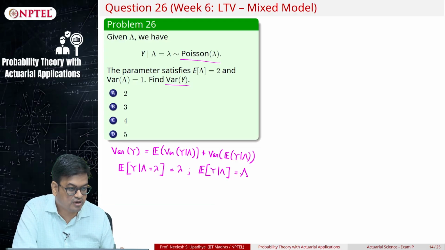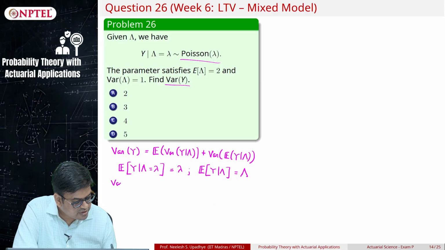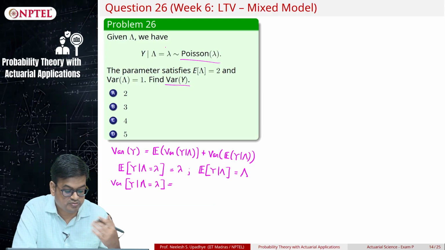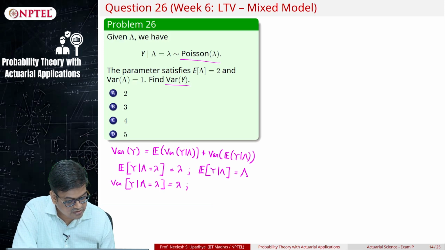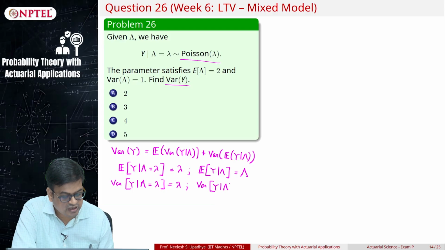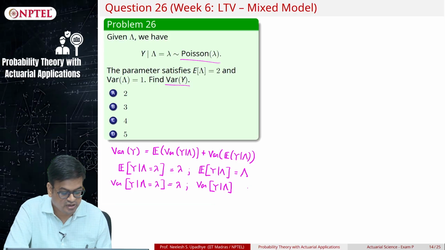Similarly, we will talk about the variance of Y given capital Lambda equal to small lambda. Again it is a Poisson, where mean and variance are the same. So this is again equal to lambda. That simply means if I talk about variance of capital Y given lambda as a random variable, it will again become capital Lambda.